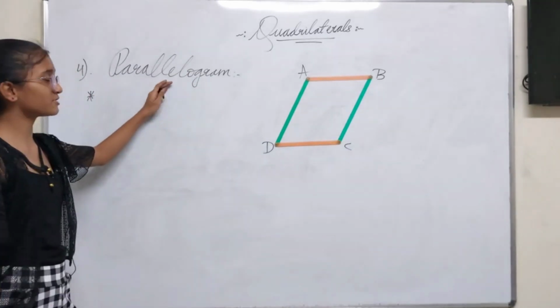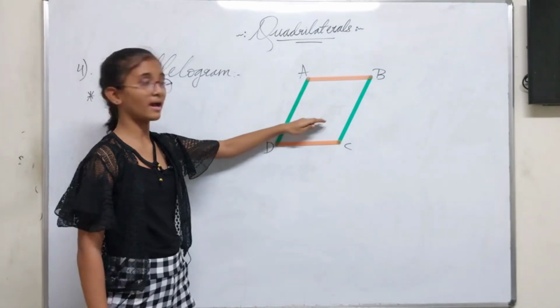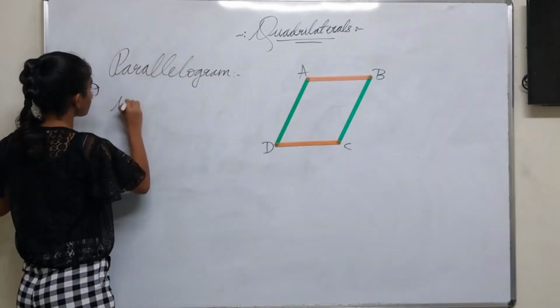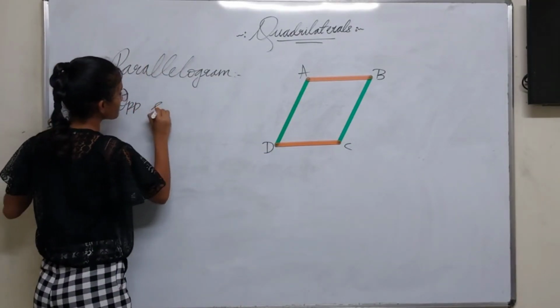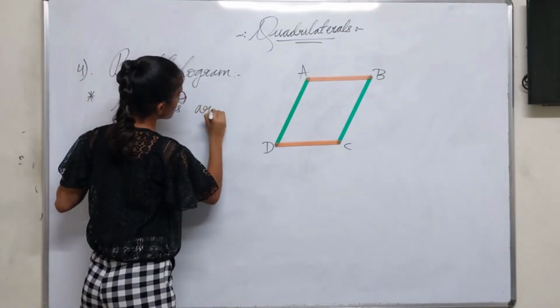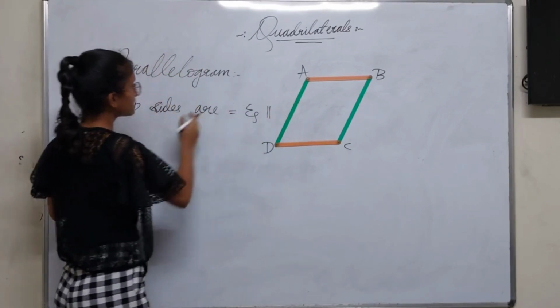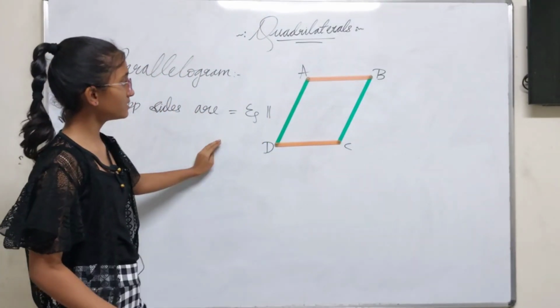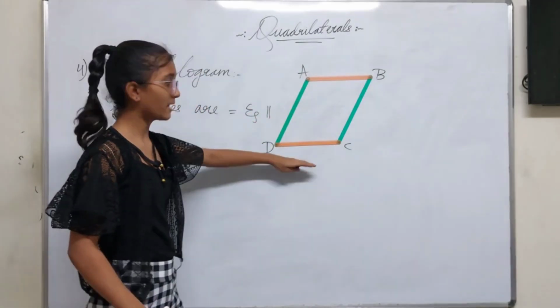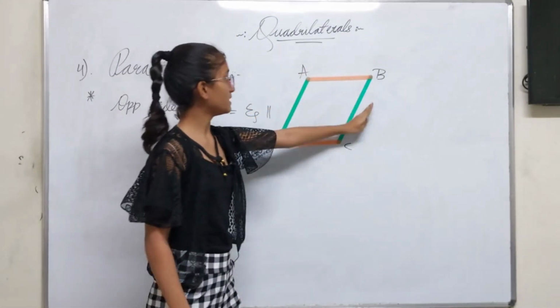As the name itself suggests, in a parallelogram the opposite sides will be parallel and equal, which means AB will be equal and parallel to DC, and AD will be equal and parallel to BC.